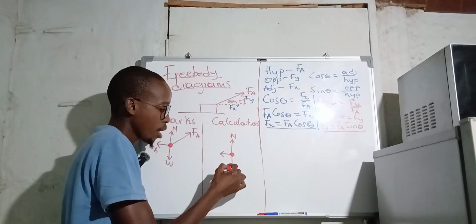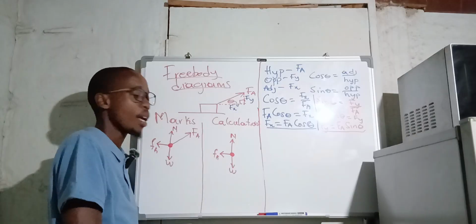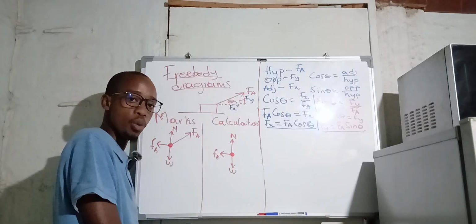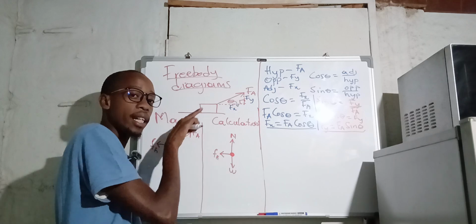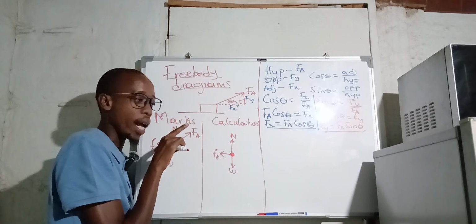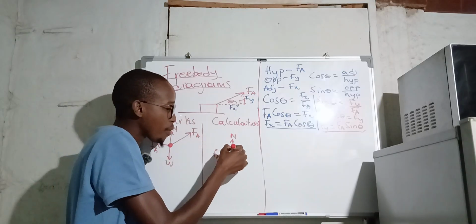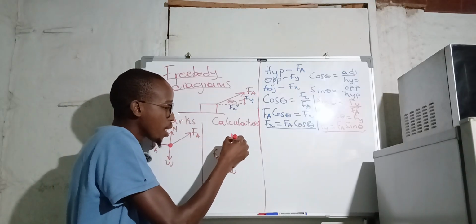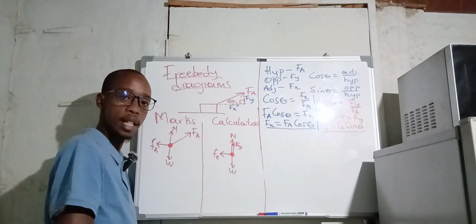And then what is it that we must do? Care should be taken. The object is being pulled at an angle that is going up. That simply means the vertical component of this particular force is going to go in the upward direction. I'll call it Fy, as I've already stated there.